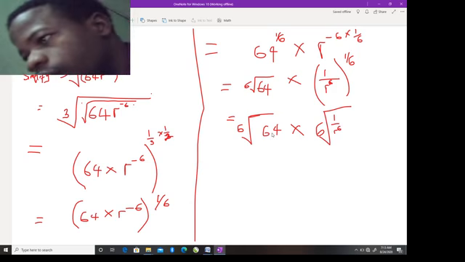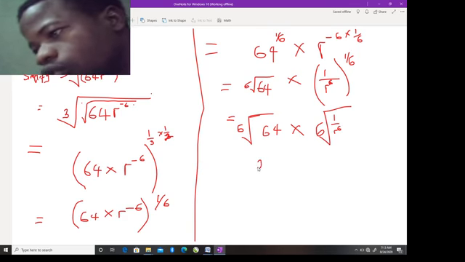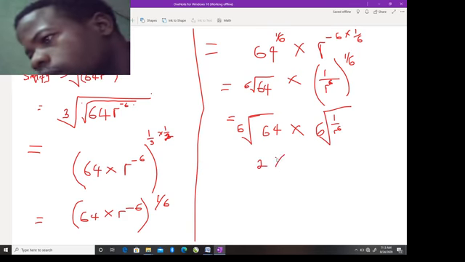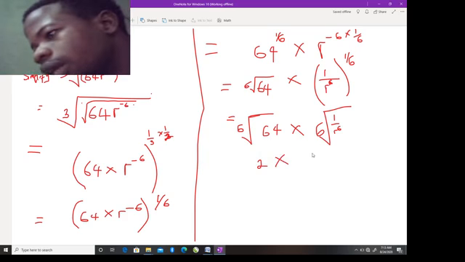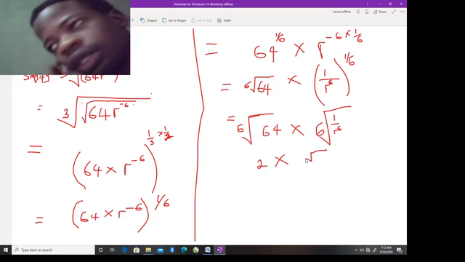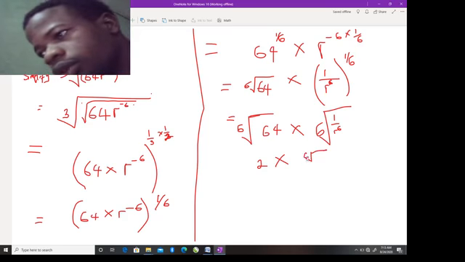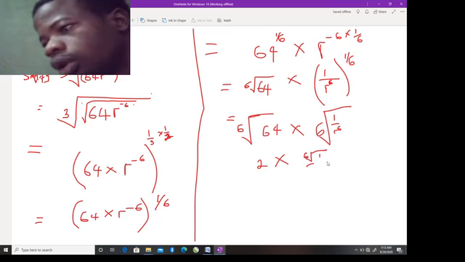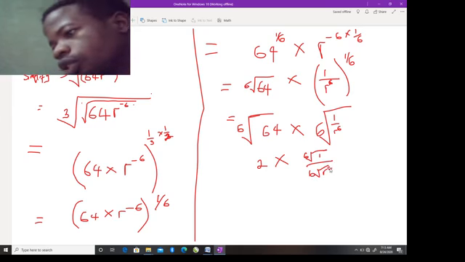This will give me the 6th root of 64 is 2, times, as we taught in indices, you can write this as the 6th root of 1 divided by the 6th root of r raised to the power 6. So you split them.